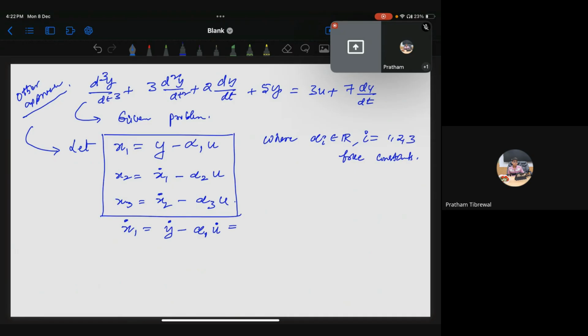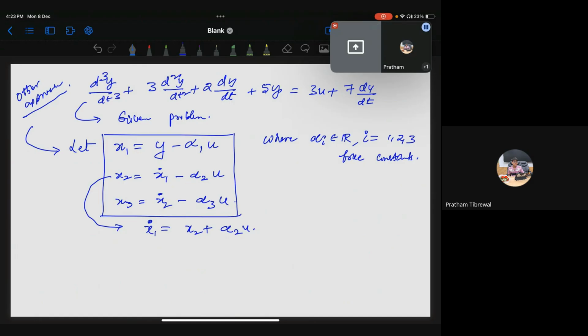Our y dot is our x1 dot. So what you can do is, from this we'll try to find the x1 dot in the reverse way. So from here, what do you write? x1 dot is what? x2 plus alpha 2 u, correct?